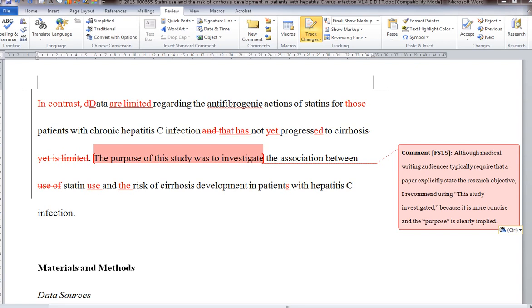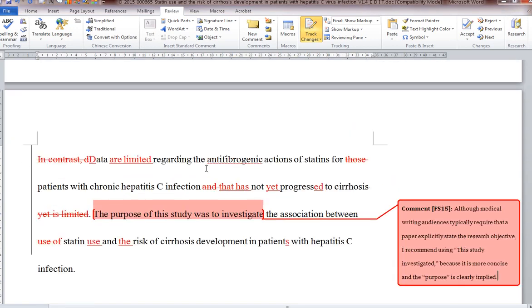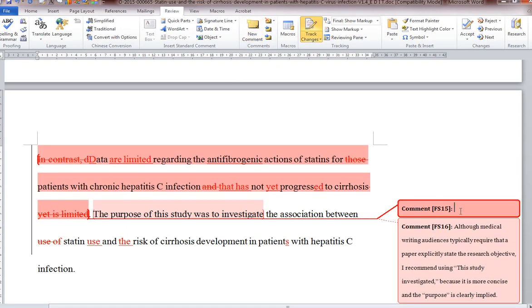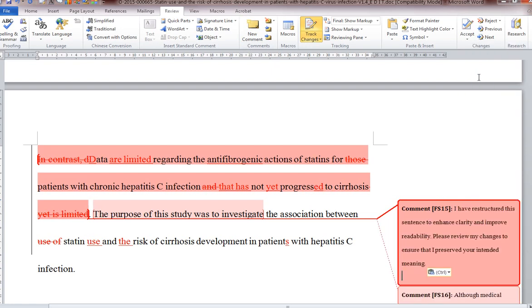Okay, I think I'm a little concerned about, I made a lot of changes to this sentence, and I want the author to understand why I did so, at least in a general sense.